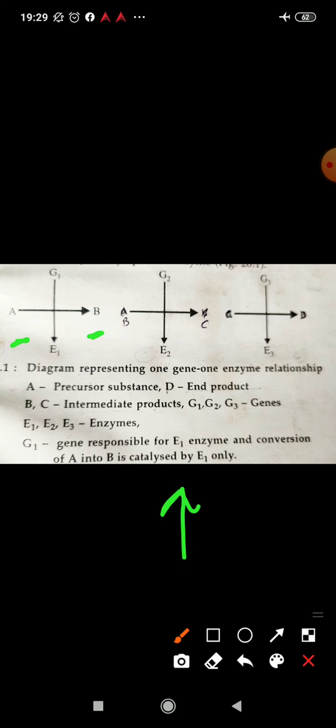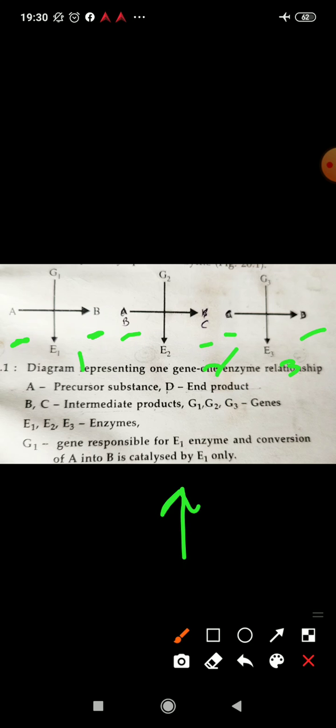Conversion of B to C is the second step, and conversion of C to D is the third step. So in a stepwise manner, the biosynthetic reactions take place.